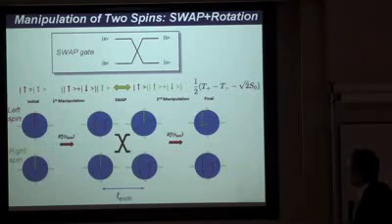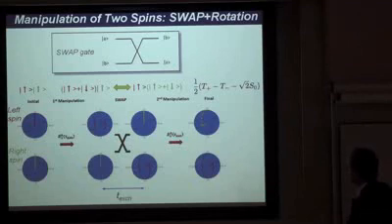So this is the operation scheme. We initially prepare spin-up states for both spins, and then apply a half-pi rotation to the left spin to make a Hadamard state. Then the swap operation is done to swap the two spin states. And then again we apply the half-pi rotation. The final result, when we have a swap, is converted to a combination of T plus, T minus, and singlet 0.